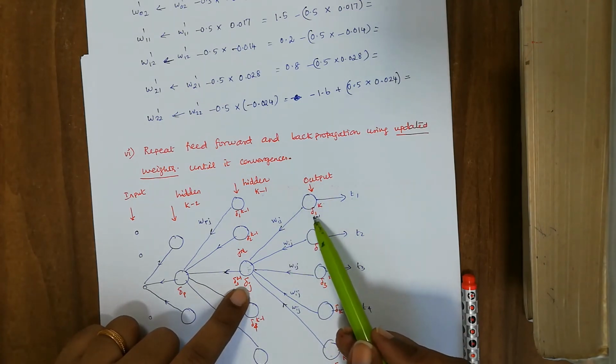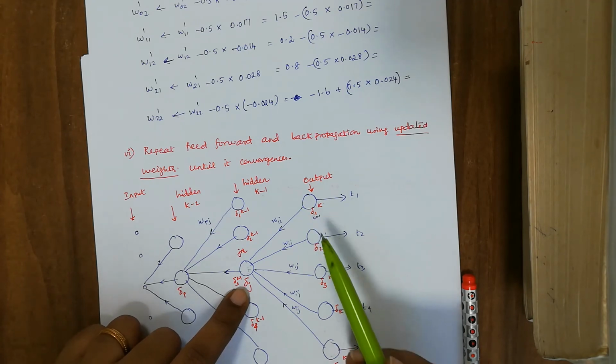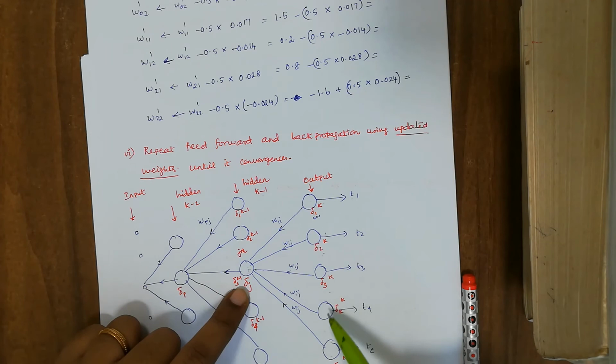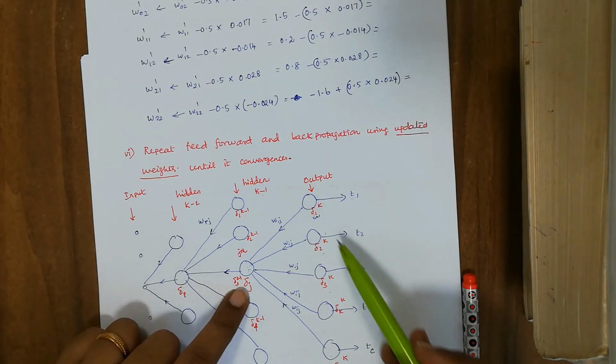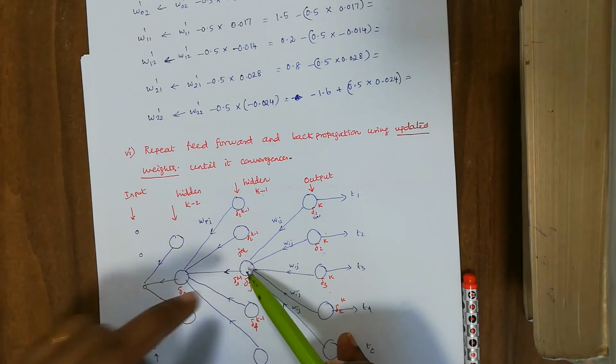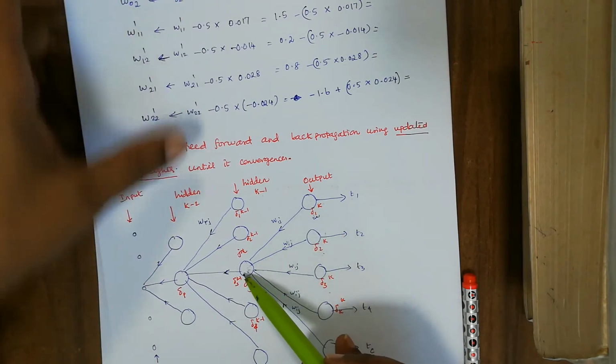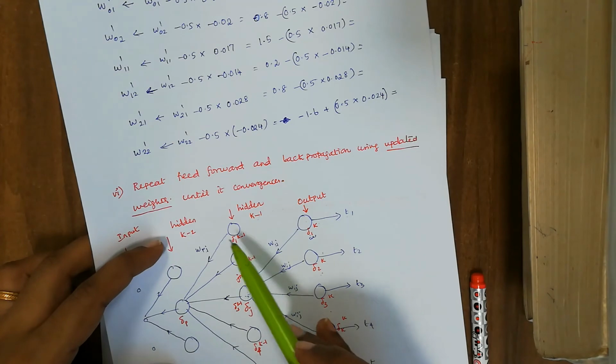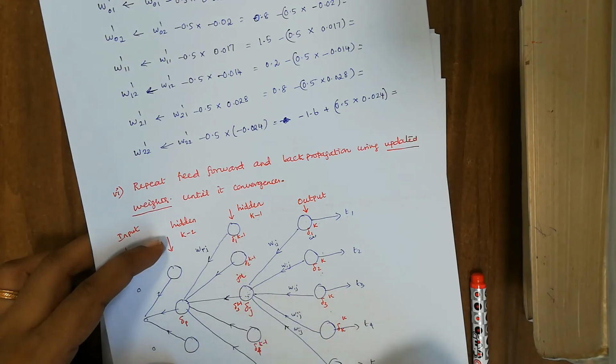So we have to sum up the errors of the first neuron, second neuron, third neuron until all the neurons, which is capital K. We have to sum up all these errors and then multiply by the local derivative. And we have to do the same process for this node, this node and every other node.